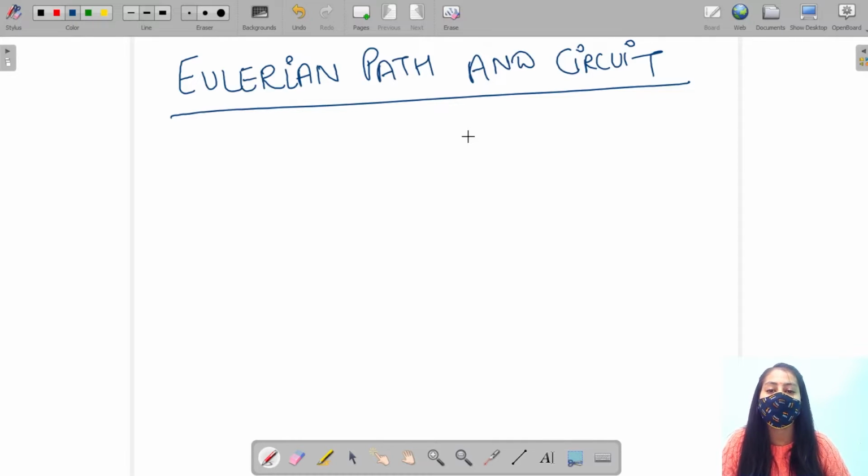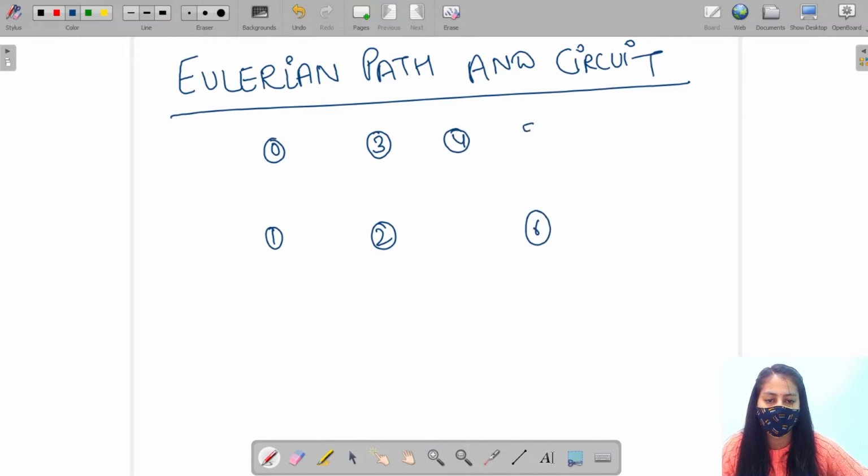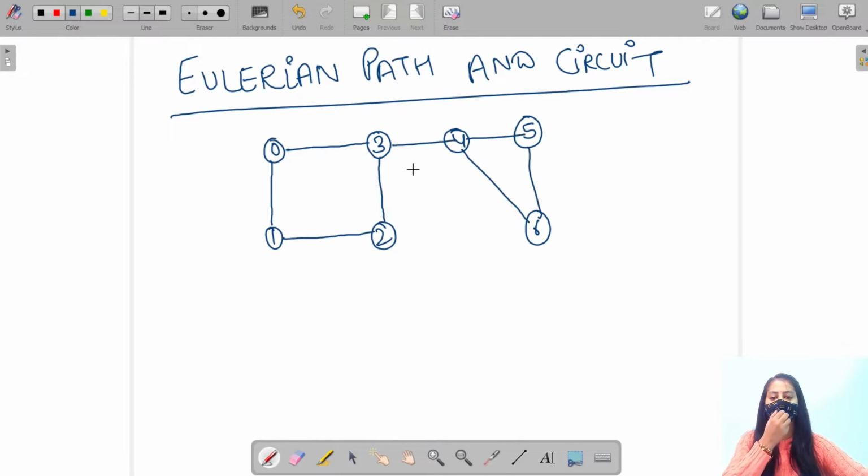So today in this video we are going to discuss the Eulerian circuit and path, right? So if you are given a graph like this, let's suppose the edges are given, and you have to find the Eulerian path and circuit in this graph.